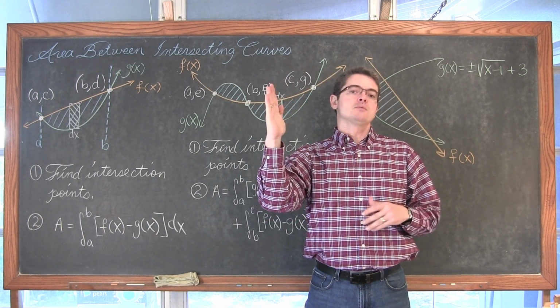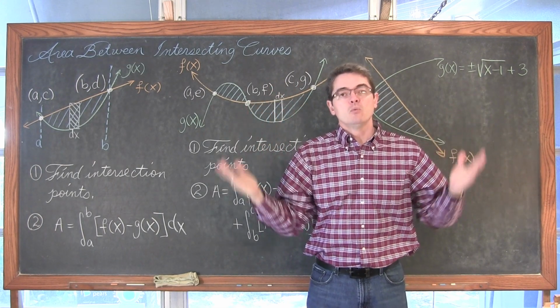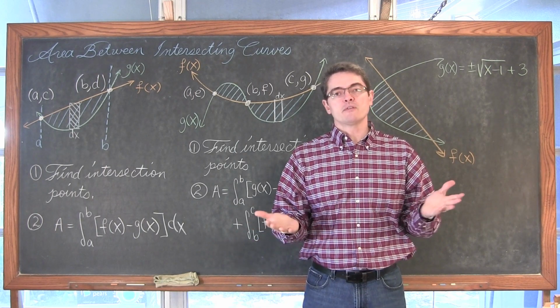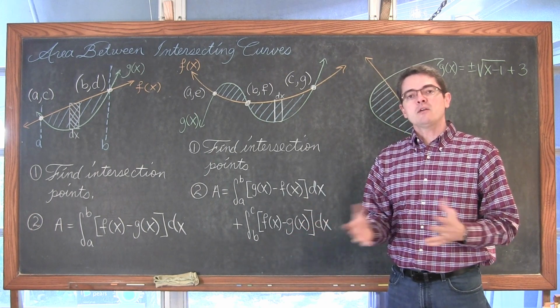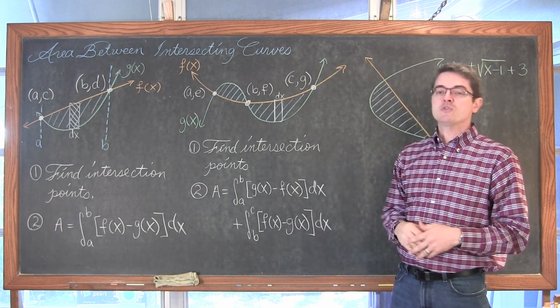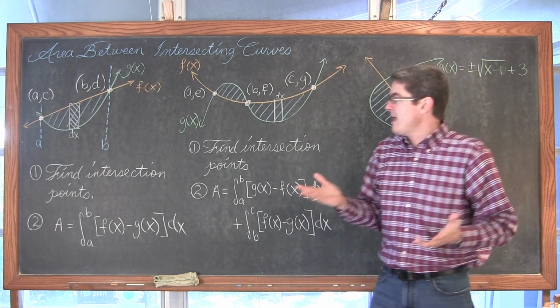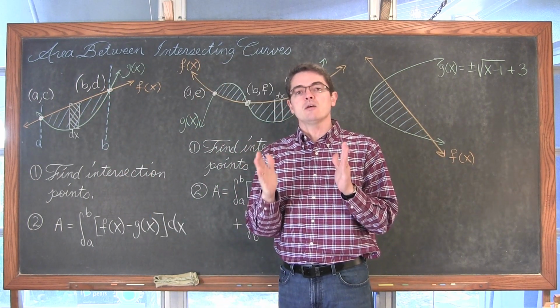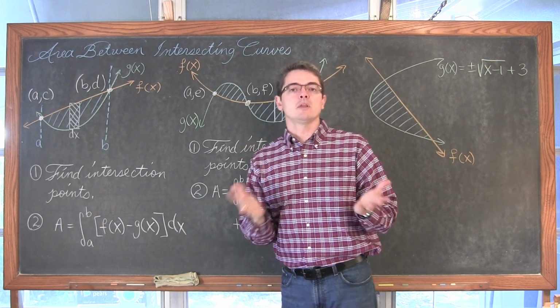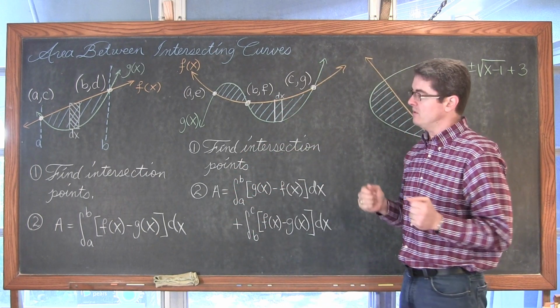Now, the previous page said that our area which we were finding between two curves was bound by the vertical lines of x equals a and x equals b, which is a requirement if the functions never intersect. And it can still be a requirement if the functions intersect, but a lot of questions simply say find the area between intersecting curves, and thus you have to find where those two curves intersect because they are going to define the lower and upper limits of our definite integral.